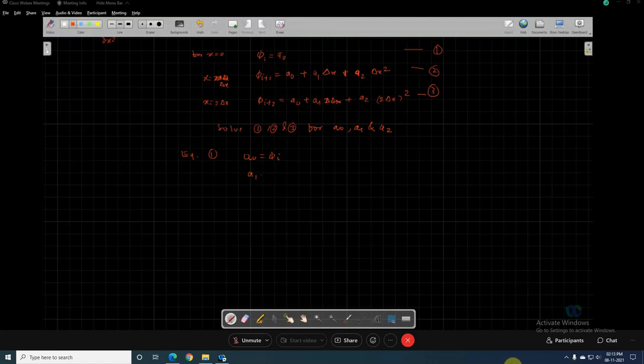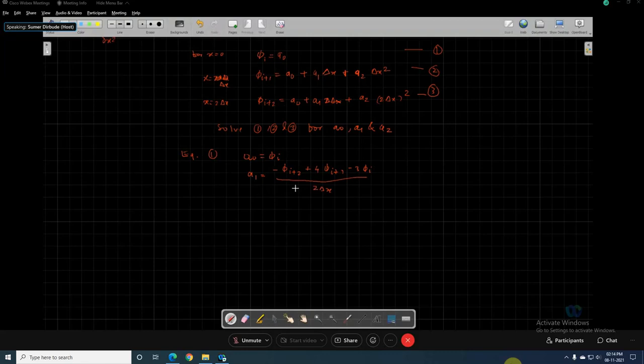You want A1, so A1 will be, after doing some manipulation, minus phi I plus 2 minus of this plus 4 times phi I plus 1 of this and minus 3 times phi I, divided by twice delta x. This will be your A1.